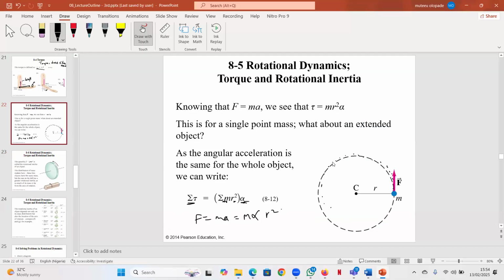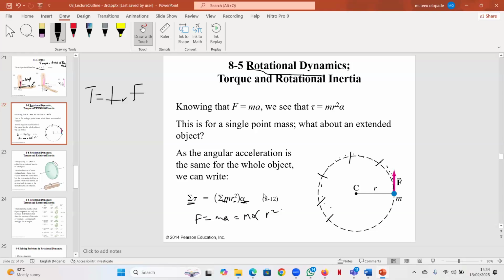Because it is rotational motion, rotational dynamics, just like it is explained here, the torque cannot just be the perpendicular distance multiplied by the force about the fixed point. For rotational, it will be moving from here to here to here.